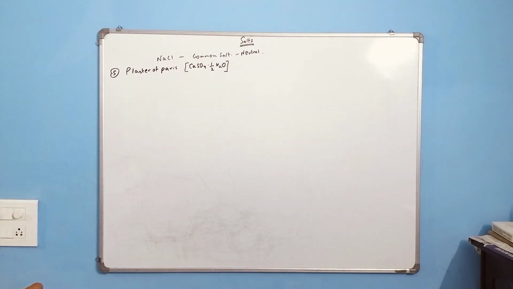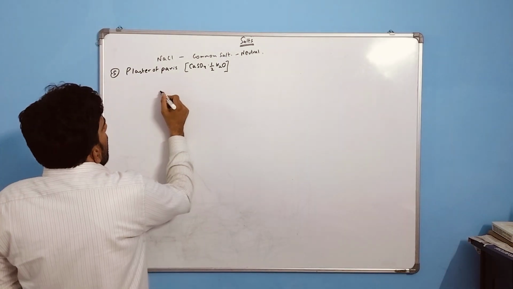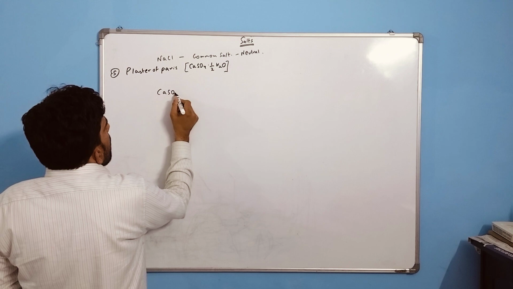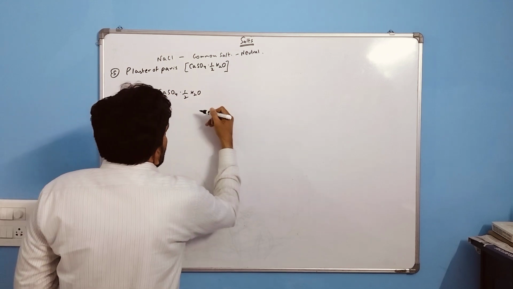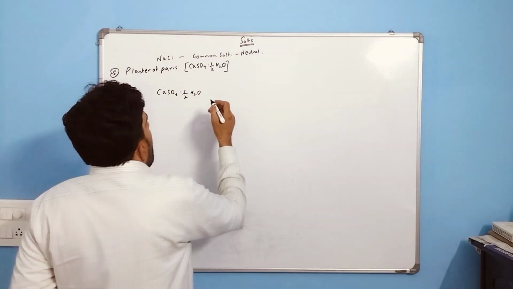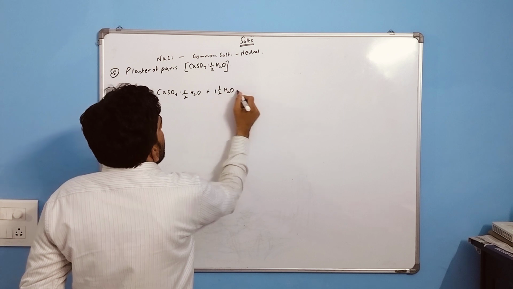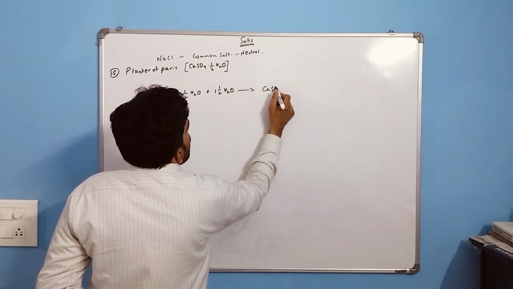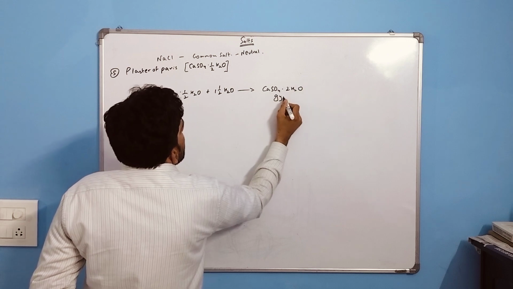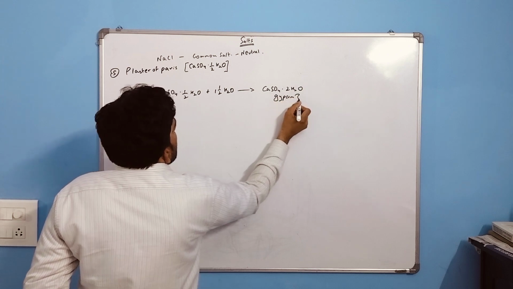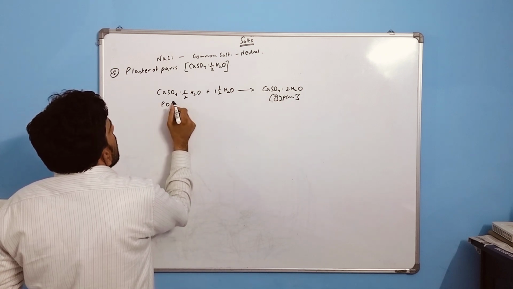Now how is it formed? POP is formed when gypsum loses water, and gypsum is a hard mass. Now let us see how it is formed. Here I will write CaSO4·2H2O. This is gypsum. This is POP, plaster of Paris.